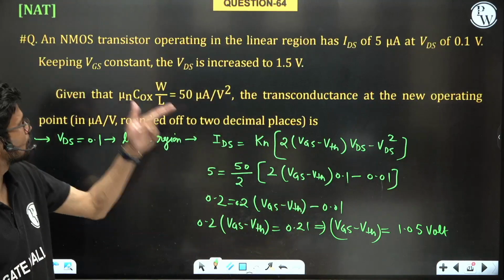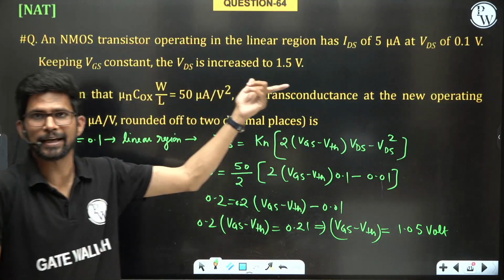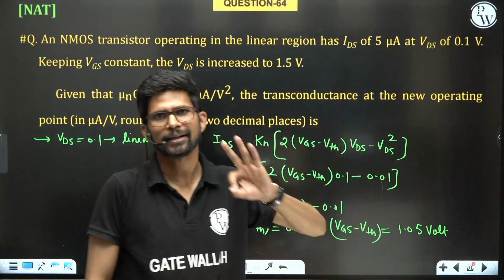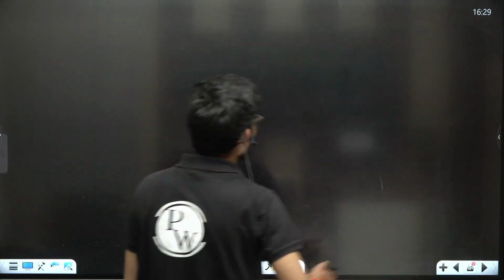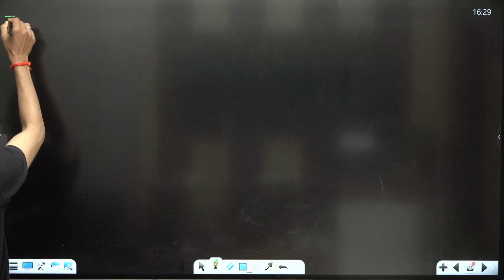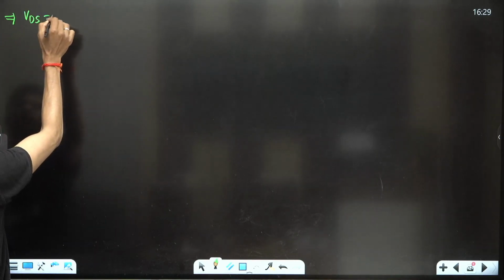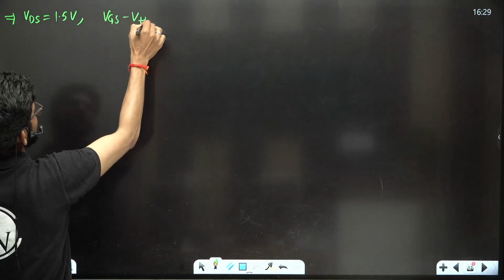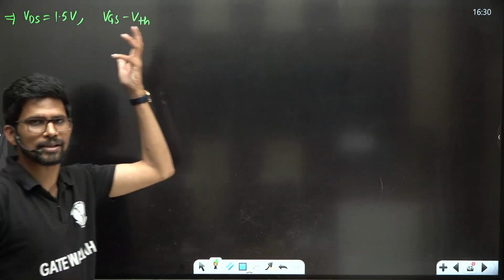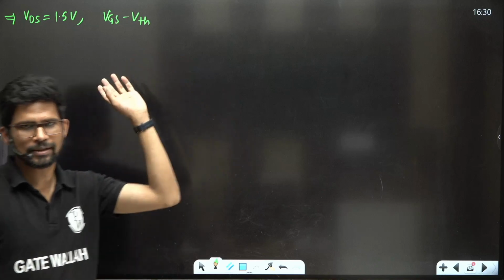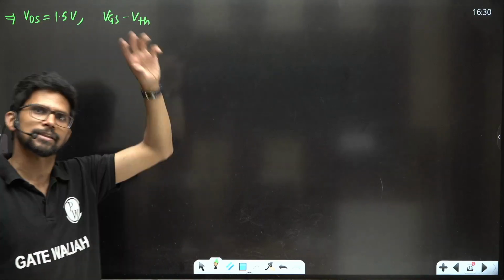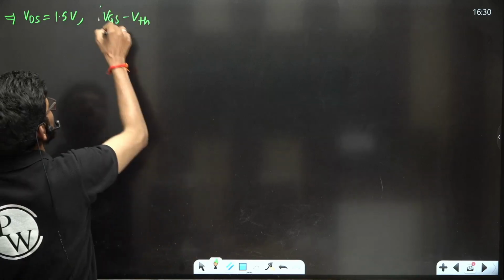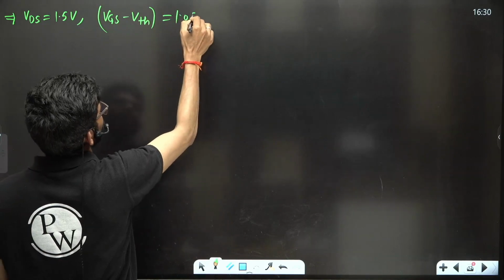This value is fixed because VGS is constant for the second case, so this VGS minus VTH will be the same for the second case also. Now you have increased the VDS value from 0.1 to 1.5 volt, while VGS is at the same value as in the first case. VTH is also constant throughout, so VGS minus VTH will still be 1.05 volt.